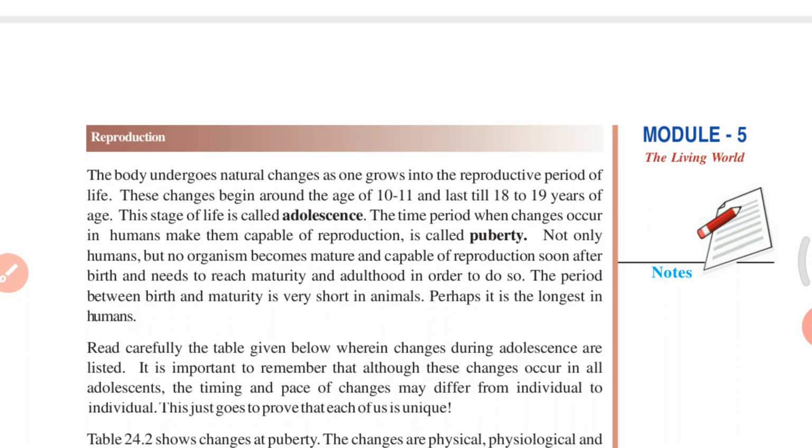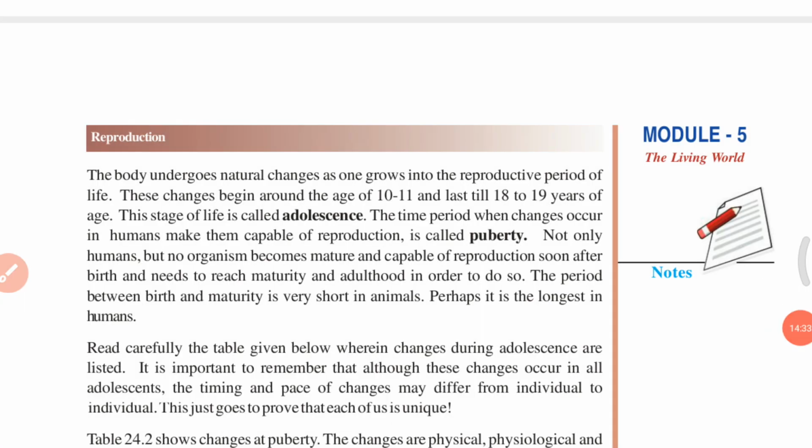The sex organs start growing at the age of 10 to 11 and this lasts till 18 to 19. But when a human reaches the age of 15 or 16, he reaches puberty. That means he has attained the ability for reproduction.